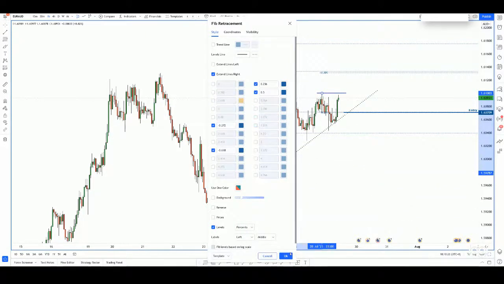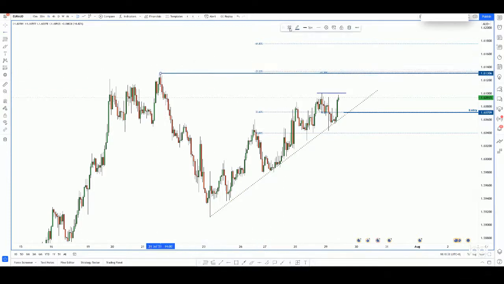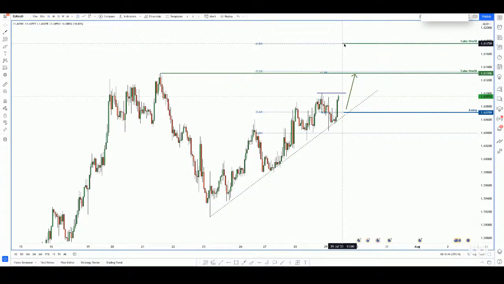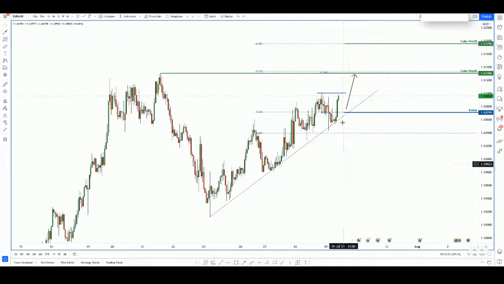And at the same time the negative 27 finds confluence with our short-term negative 61.8, and it's also in line with a graphical level where we have a possible intraday take profit here at the last swing high on 21st July. Right, so we can actually play a bounce up to the 21st July swing high, and of course if price goes even higher, there's a chance that we can play to a long-term swing target at the negative 61.8.